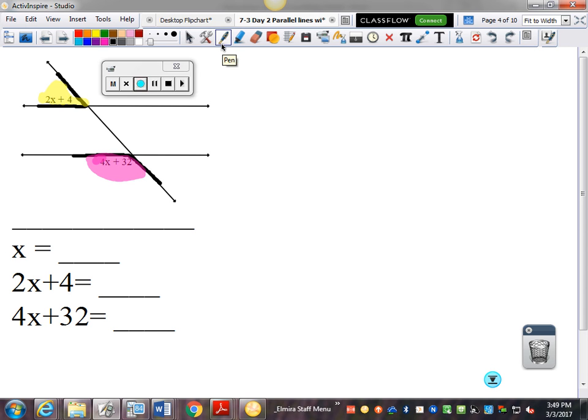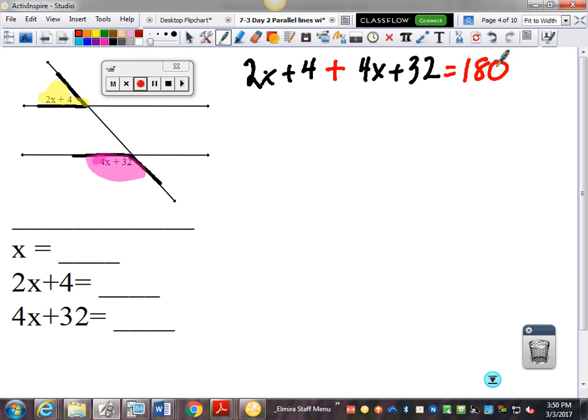They are different angles. So 2x plus 4 and 4x plus 32. All right, they're different, so I'm not going to put an equal sign. That means they add up to 180. Okay, that makes these supplementary.